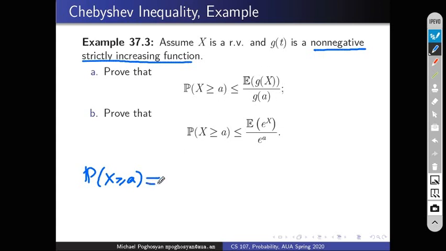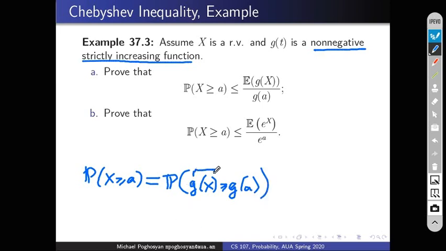We need to use Markov's inequality in this case, because this is of that form. But Markov's inequality was for non-negative random variables, while X is here any random variable. So what I'm doing: because g is strictly increasing, X is larger or equal than a if and only if g of X is larger or equal than g of a.